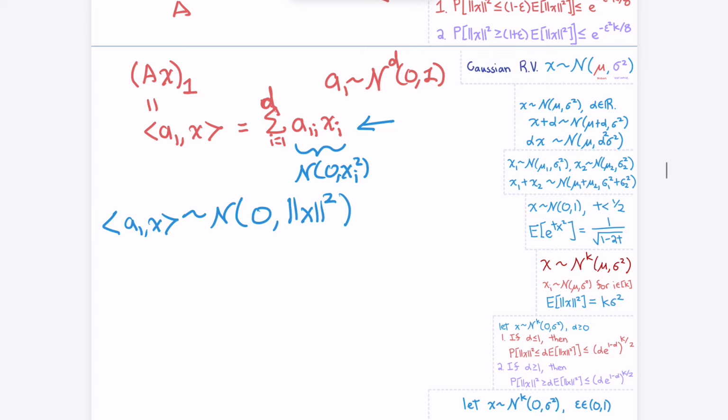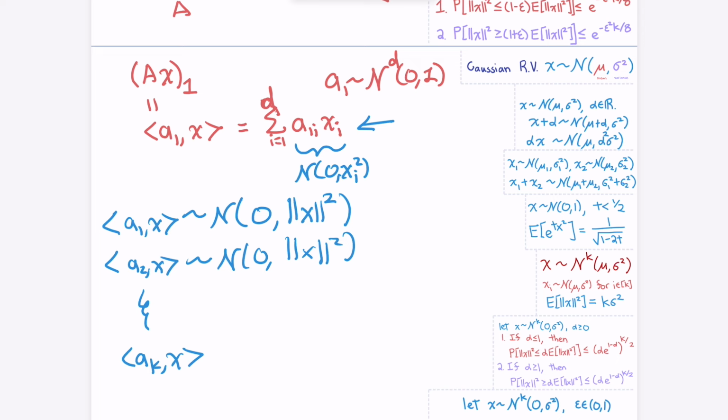You also have a2 x, right? That's the output from the second row, and that's going to have the same distribution. You're doing k of these for some k, up to ak x.